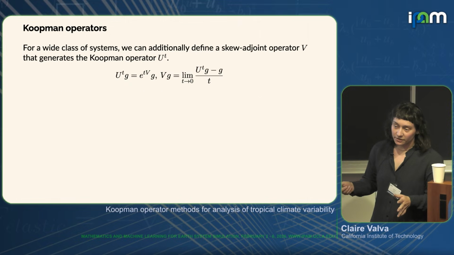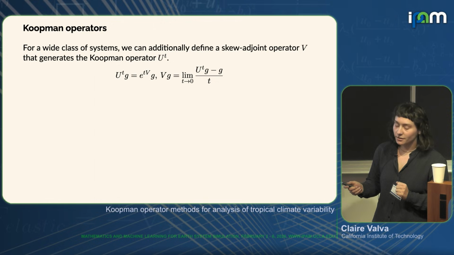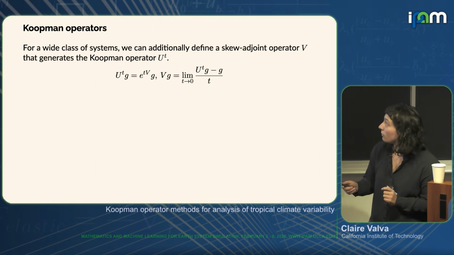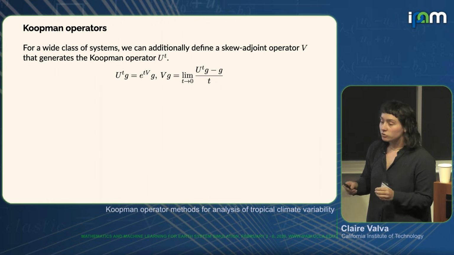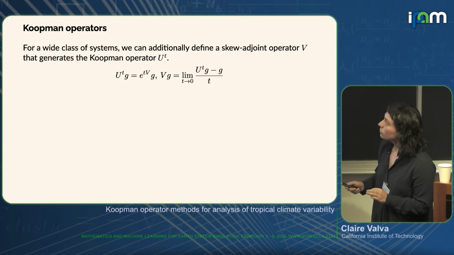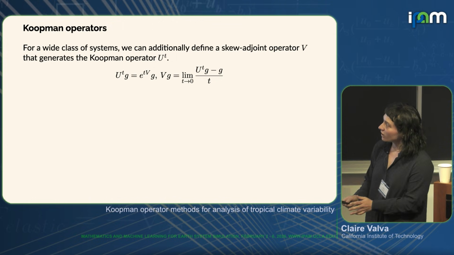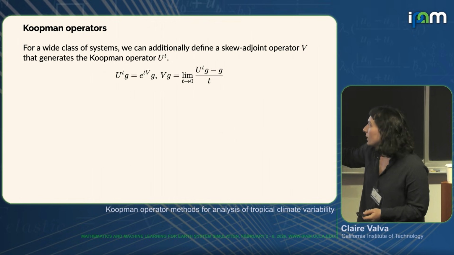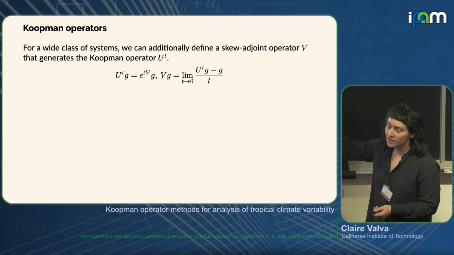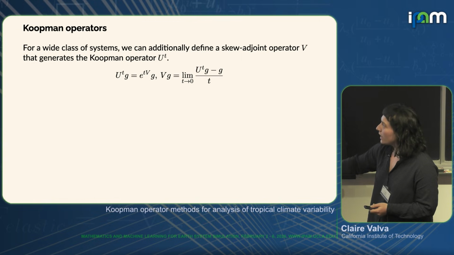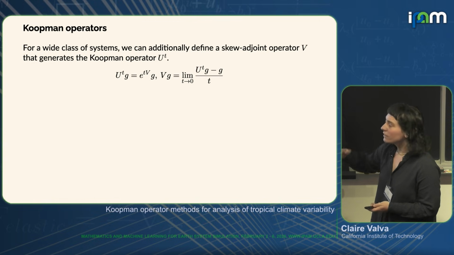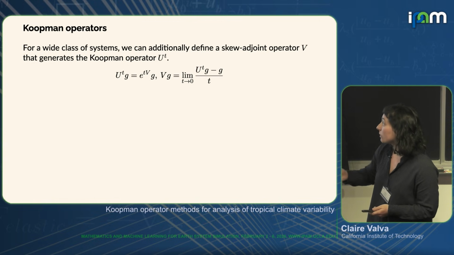For a wide class of systems, namely those with an ergodic invariant probability measure, we can introduce an additional operator, a skew adjoint operator V that we call the Koopman generator. And it generates the Koopman operator in that e^(tV) is equal to U^t. And we can think of V as some sort of generalized derivative.